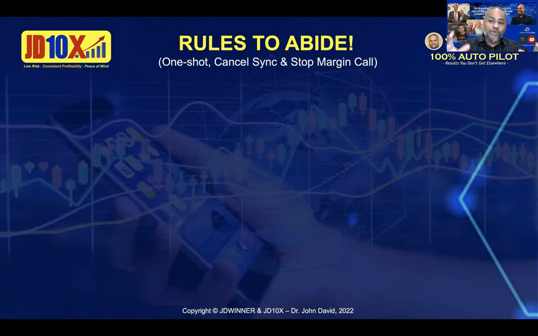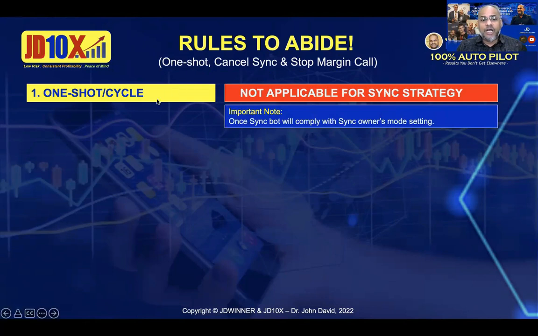Now, how do you practically implement this as a sync user? Let me explain the rules, and please make sure you understand how to practically use them. First thing first, you have one shot or the cycle. Please understand, don't keep changing one shot and cycle.